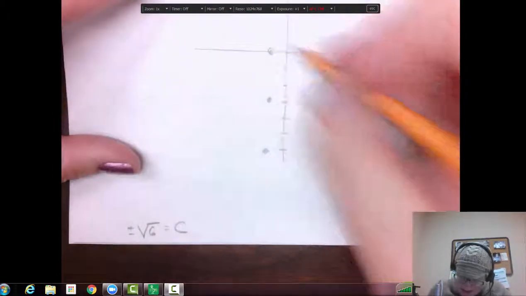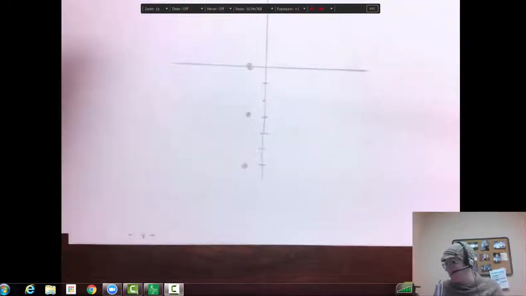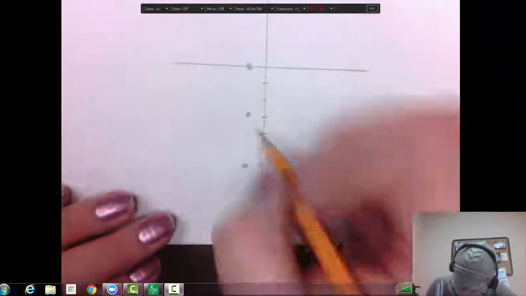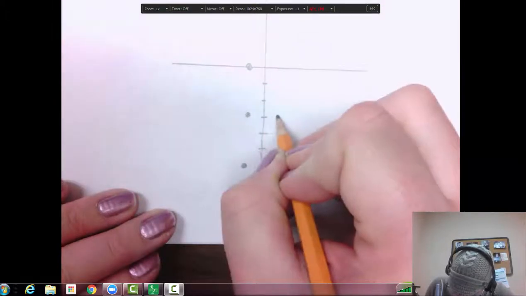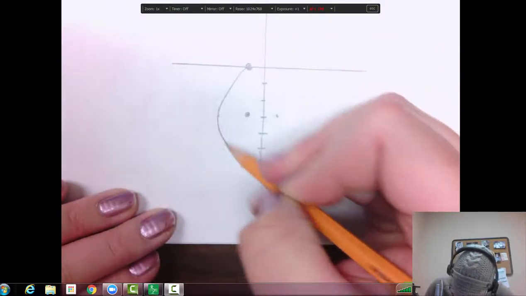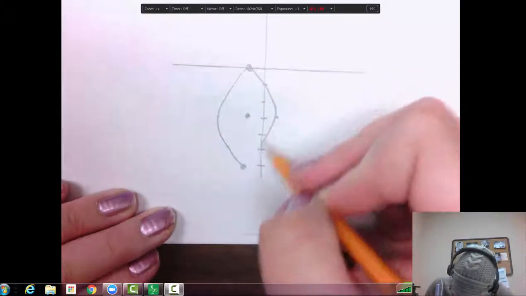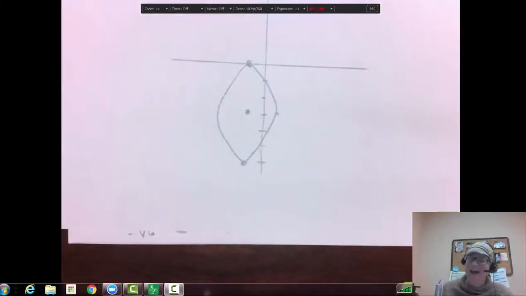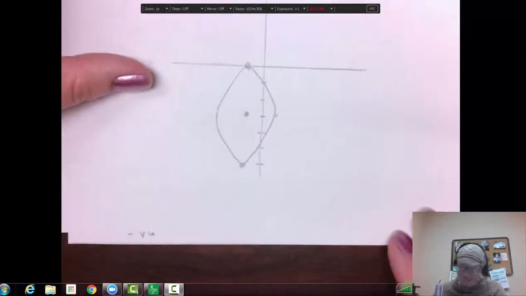And then the other one is the square root of 3 this way, which is 1.7. So from the center, 1.7, 1.7. So this is what your ellipse looks like. I am not good at drawing an ellipse. Anyway, it looks like a kite instead of an ellipse.